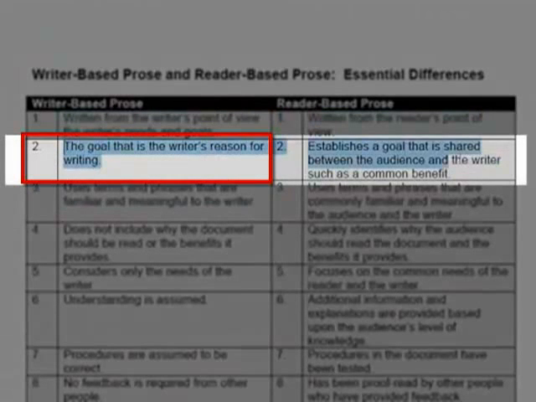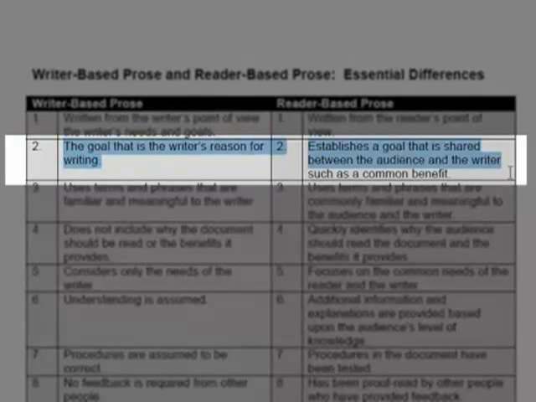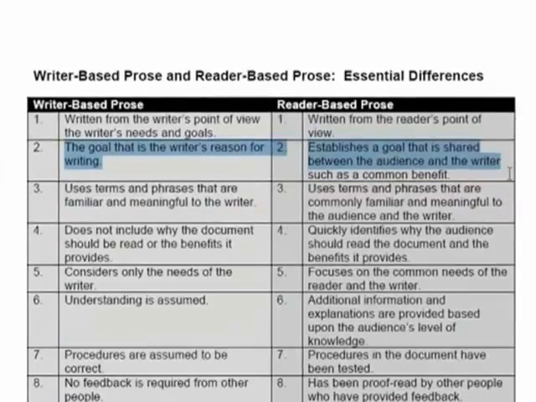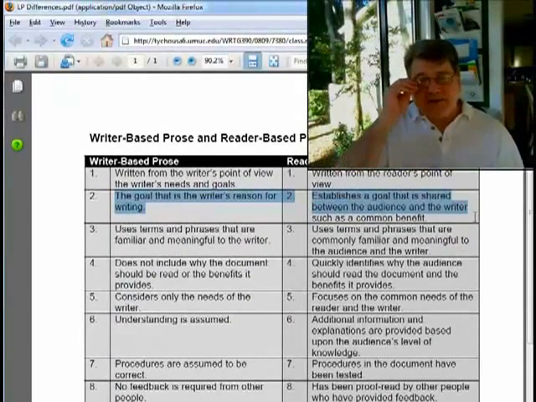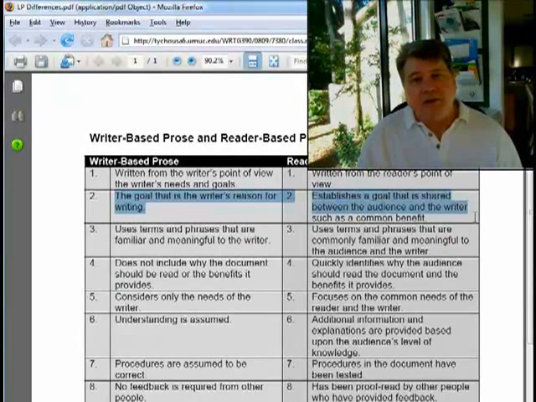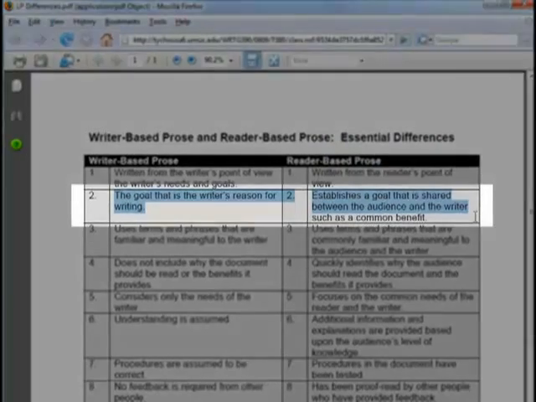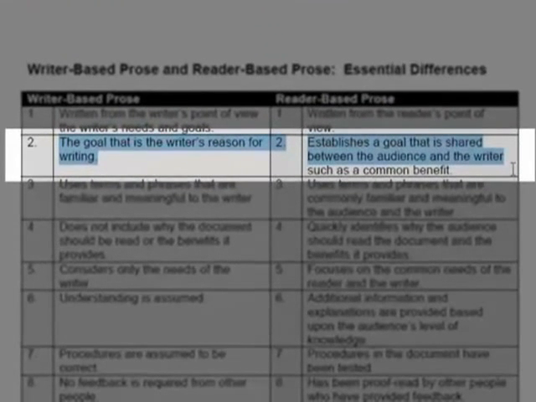The goal, that is the writer's reason for writing, across from that, establishes a goal that is shared between the audience and reader. Those two things have to be parallel because they occupy parallel places on a list. They both should be the goal is, or they both should be establishes a goal that is. They must be parallel.